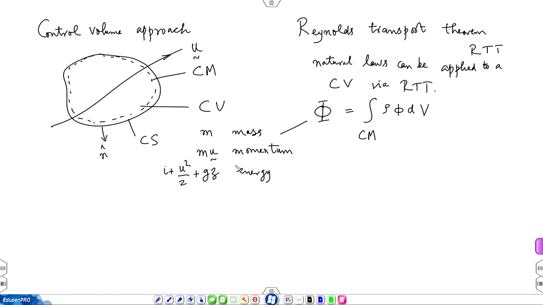So, let me write down the word associated with the natural laws. Now, you can define capital phi as the total attribute of the material contained in Cm, but Cm is Cv. So, from the viewpoint of evaluating the integral, you will use Cv. But Cm is what you are going to apply the natural laws to. Now, Cm is going to move out.